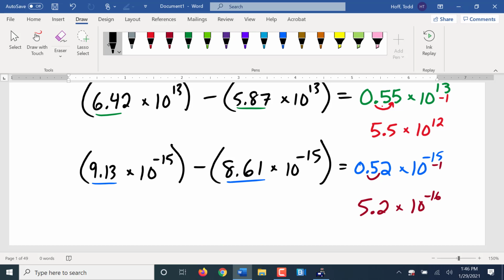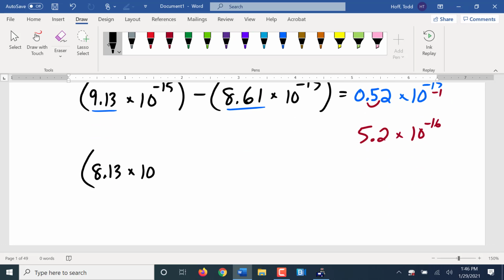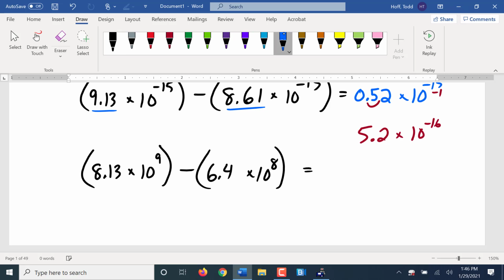We don't always have the same power of 10 to start off with. We might have something like 8.13 times 10 to the 9th minus 6.4 times 10 to the 8th. Again, just like with addition, we usually change them to the higher power. So this one's going to just stay 8.13 times 10 to the 9th.